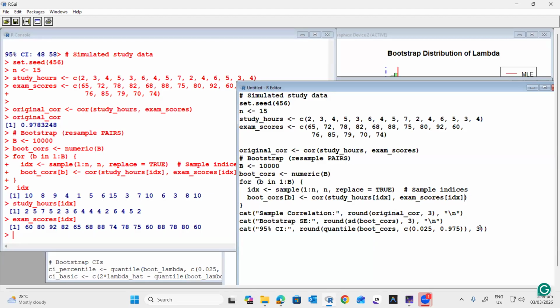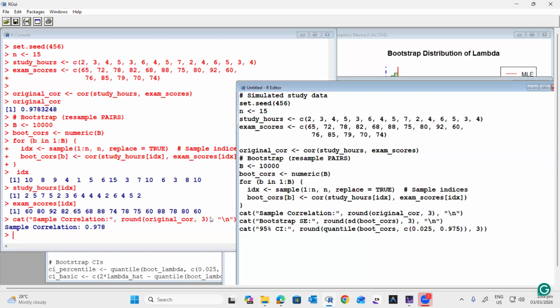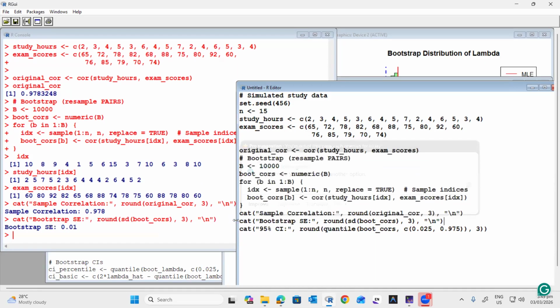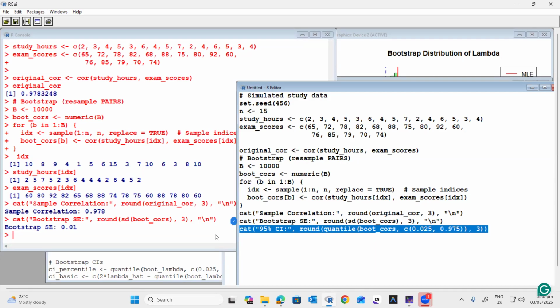So we check the original coefficient, which is 0.978. We check the bootstrap standard error, which is 0.01, and we compute the bootstrap confidence interval by using the quantile function of the boot correlations, taking alpha values 0.025 and 0.975.